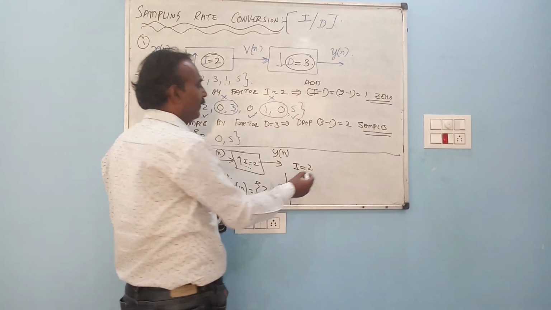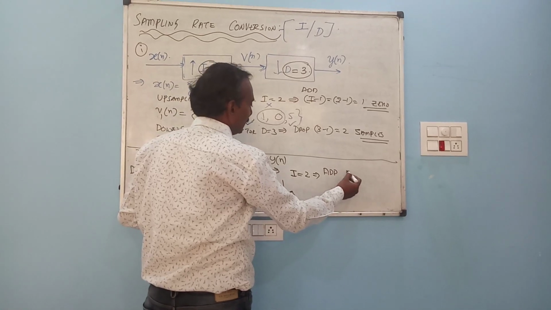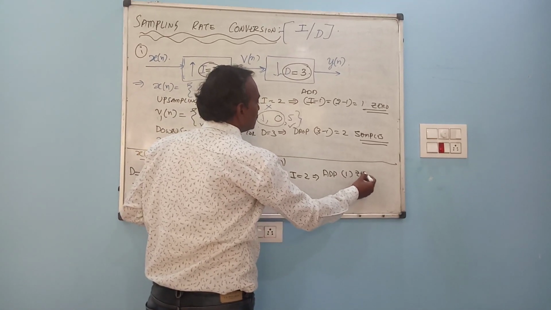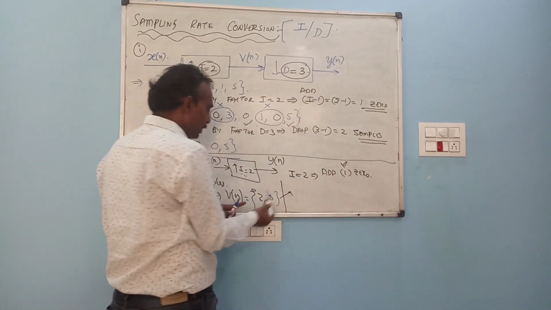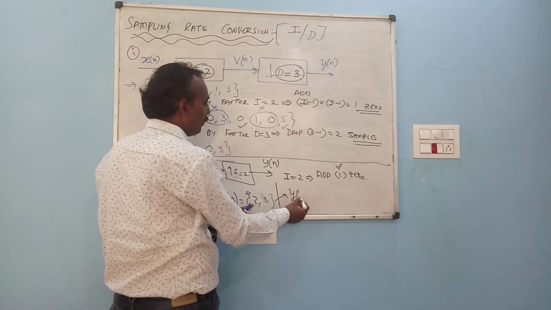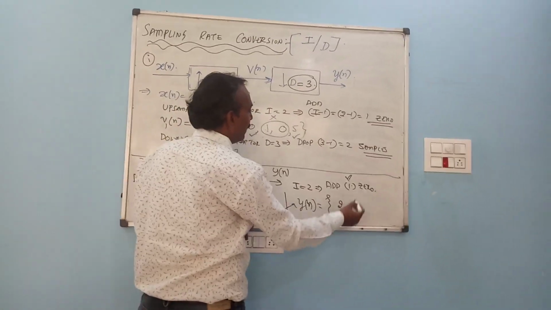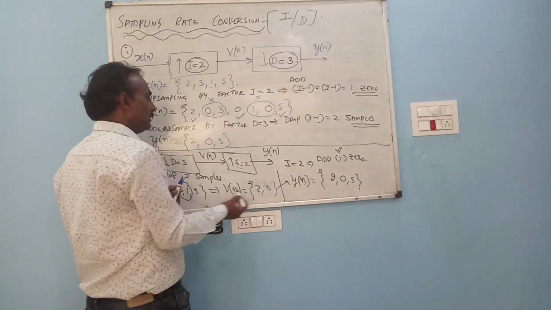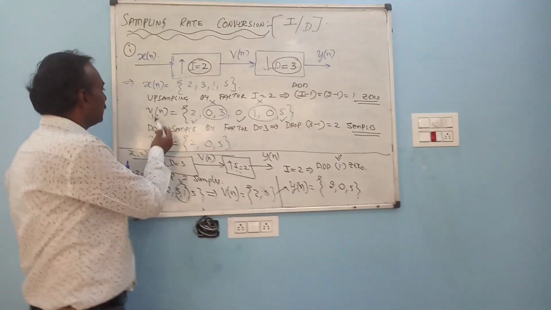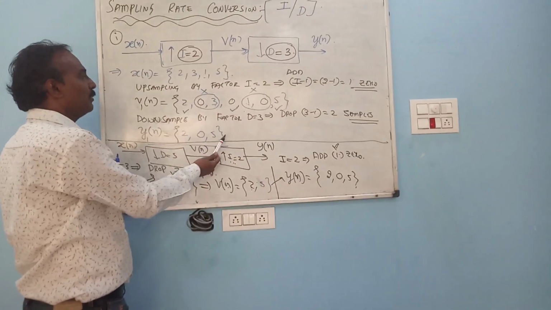Upsampling by factor 2 implies we add 2 minus 1, that is 1 zero, in between the samples. Adding 1 zero, the output y of n is 2, 0, 5.